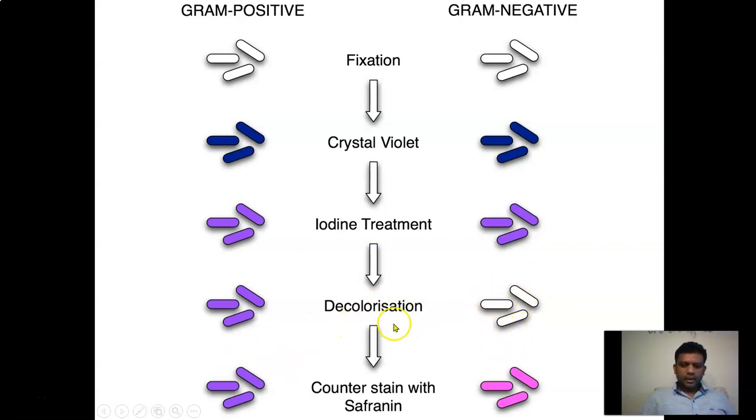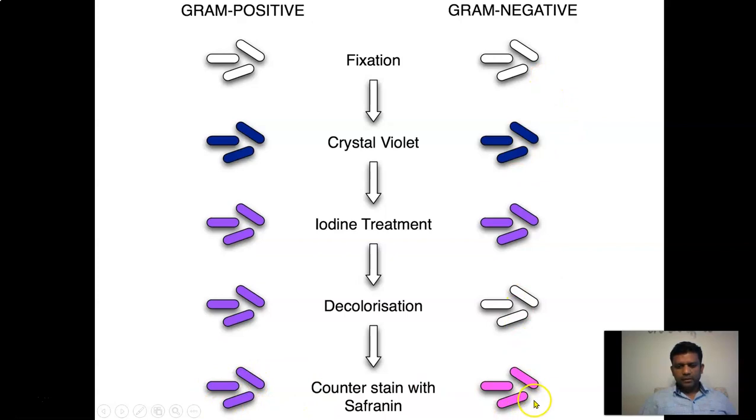Now, after this step, you add a counter stain or a second stain, which is called safranin. Safranin is a pink stain. So when you add safranin to the blue crystal violet, then you end up getting a purple. Blue plus pink equals purple.